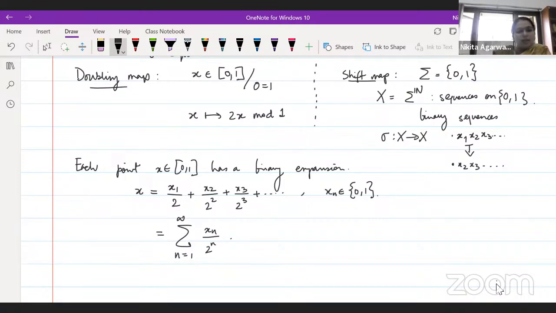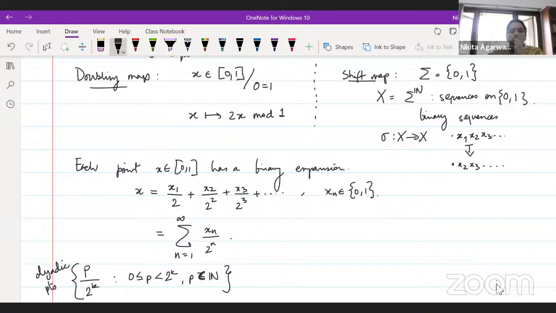And then I told you that there is this collection of what are known as dyadic points, p by 2 to the n, for natural numbers p, which all go to 0.